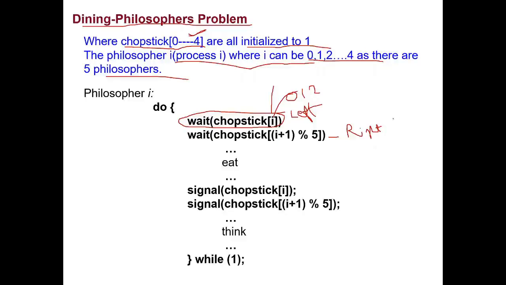Now suppose the process is P4, that means the i value here is 4.